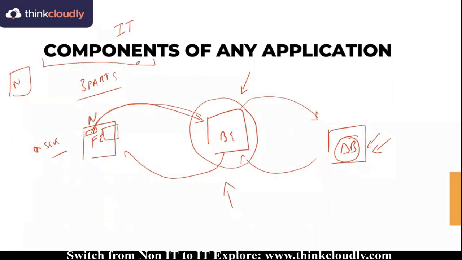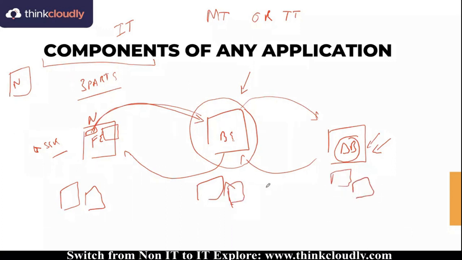Now, when we say multi-tier architecture, or three-tier architecture, the idea is that we need servers for the front end, servers for the backend, and servers for the database. So how many tiers are there? Tier 1, tier 2, and tier 3. That is why this architecture is known as three-tier architecture. We are going to discuss the architecture in the next slide.